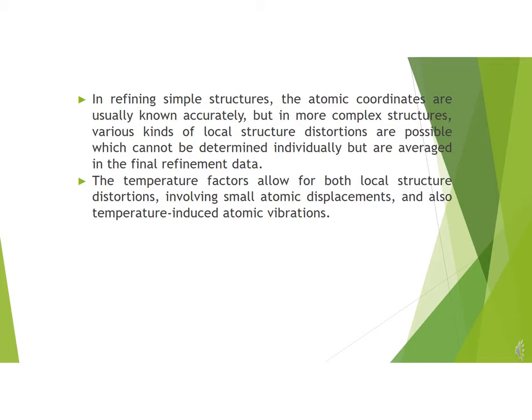Atomic coordinates in complex structures cannot be determined because of local structure errors, which are caused by the temperature factor, because the temperature factor allows for both local structure distortions, including small atomic displacement, and temperature induced atomic vibration.